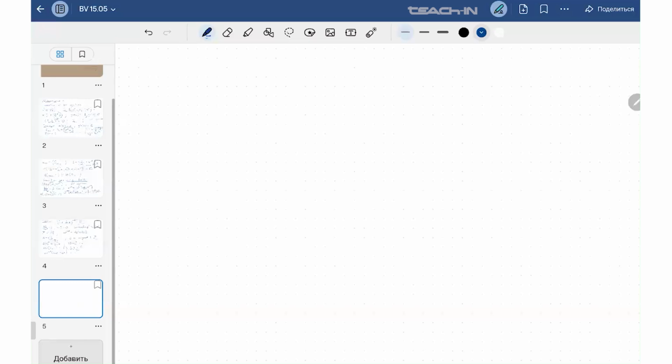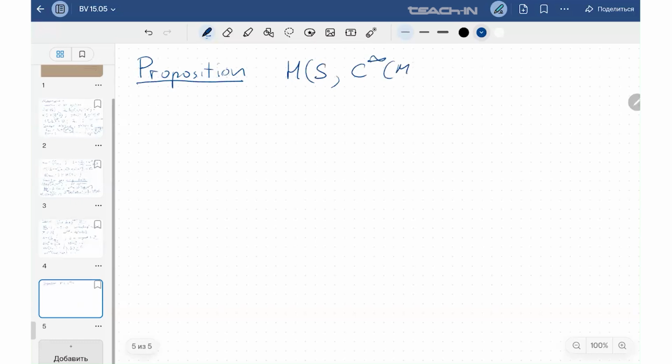Let's do it in a finite dimensional setting, but in fact it remains true in local field theory as well. If we have the cohomology of S in C infinity M, this is isomorphic to the cohomology of S red in C infinity sigma.